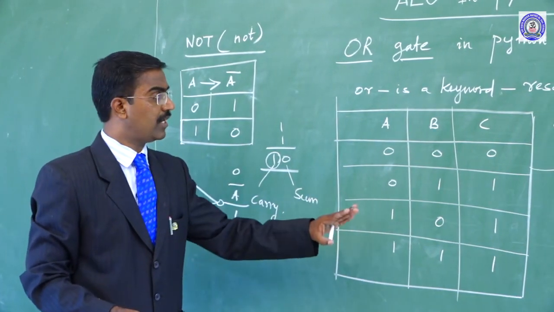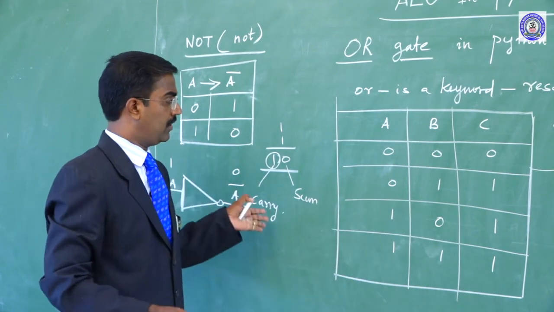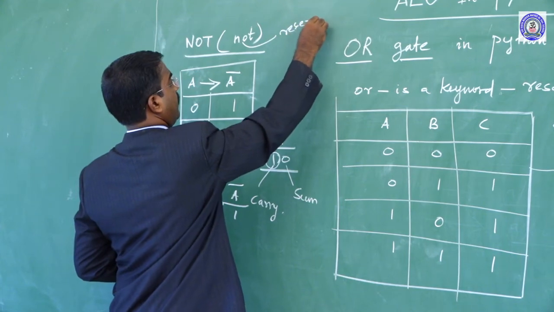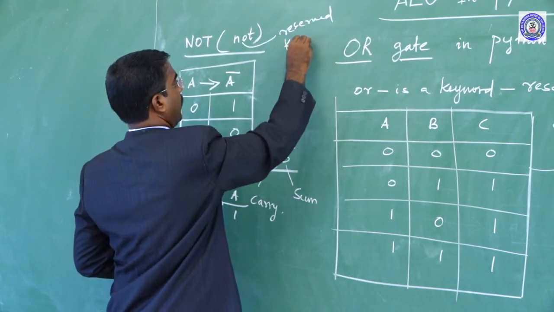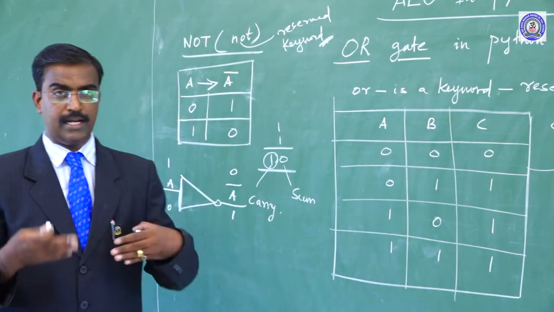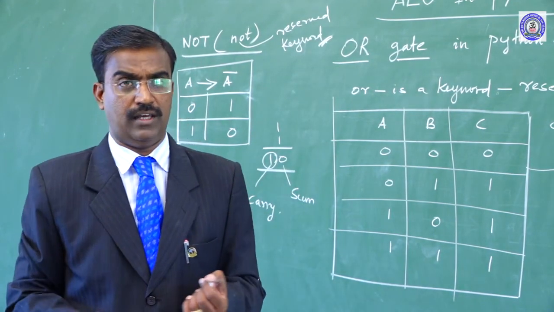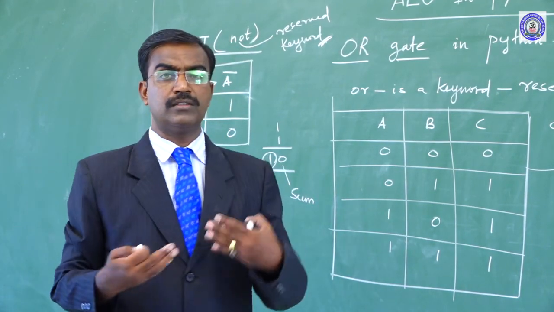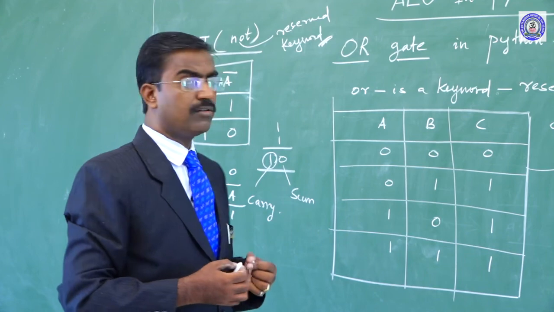We are introducing this in a program using a reserved keyword. We will see this as a continuous process. In the next class, we will see the programming method for these types of gates.